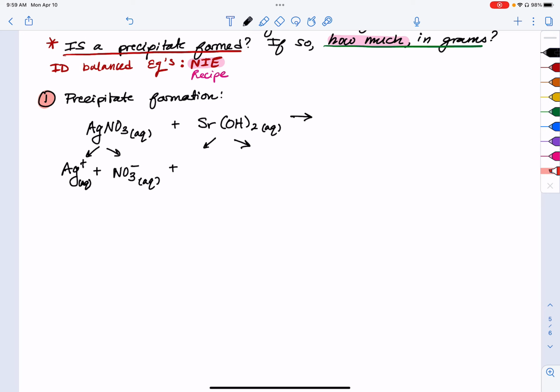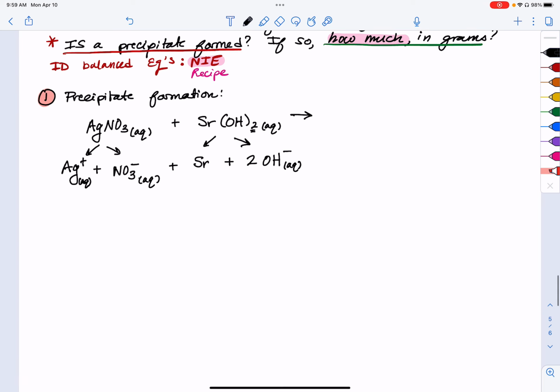All right, strontium hydroxide. I recall from memorization that the hydroxide polyatomic ion has a formula OH with an overall -1 charge. And I've put two of those into solution based on the subscript given in the formula of strontium hydroxide. And strontium is a group 2 metal, which means that when it is an ion, it has a +2 charge.